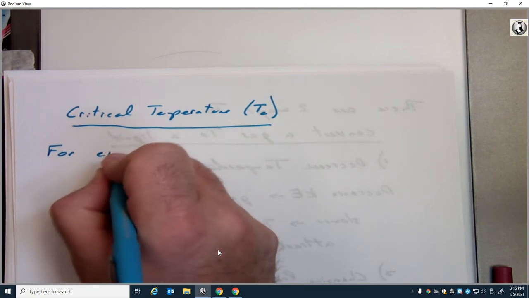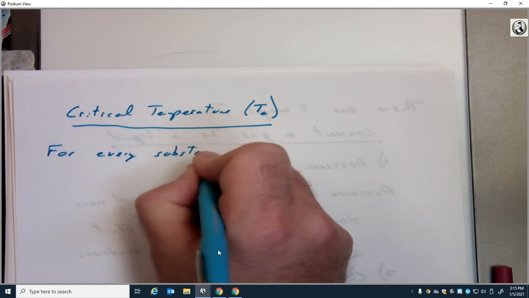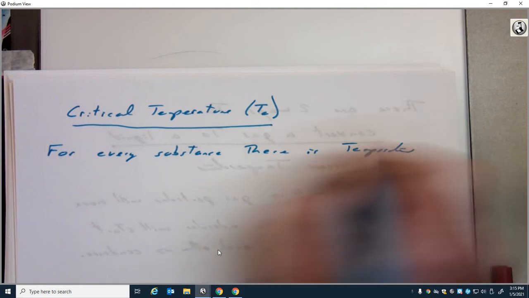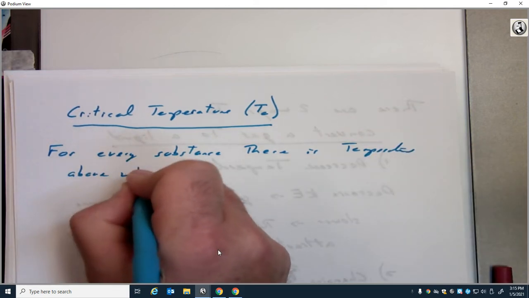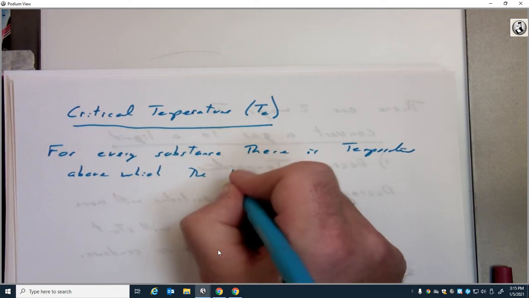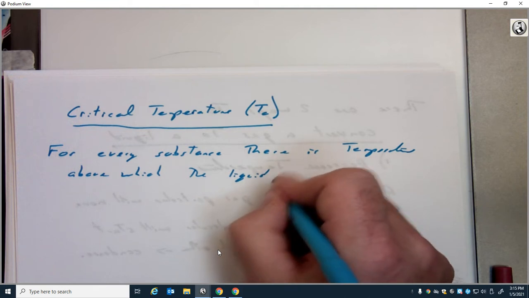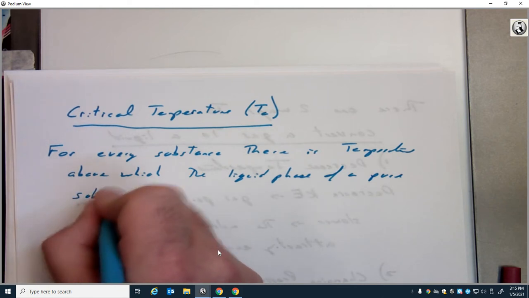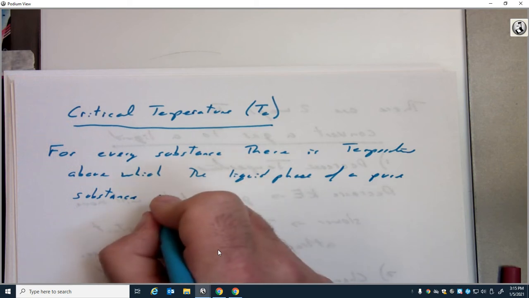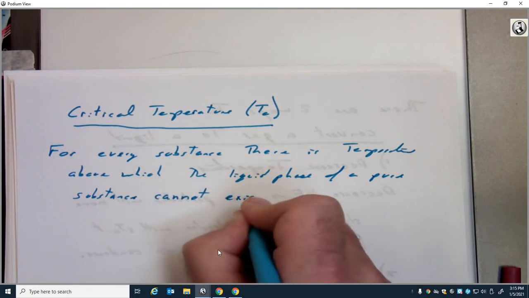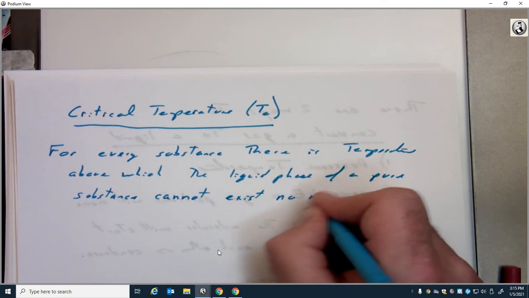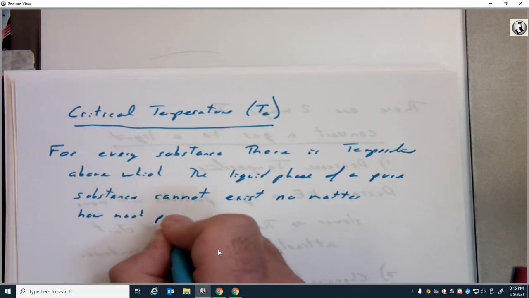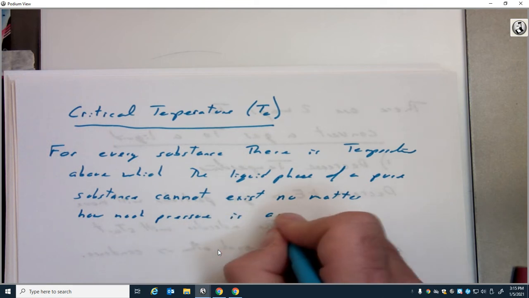For every substance, there is a temperature above which the liquid phase of a pure substance cannot exist no matter how much pressure is applied.